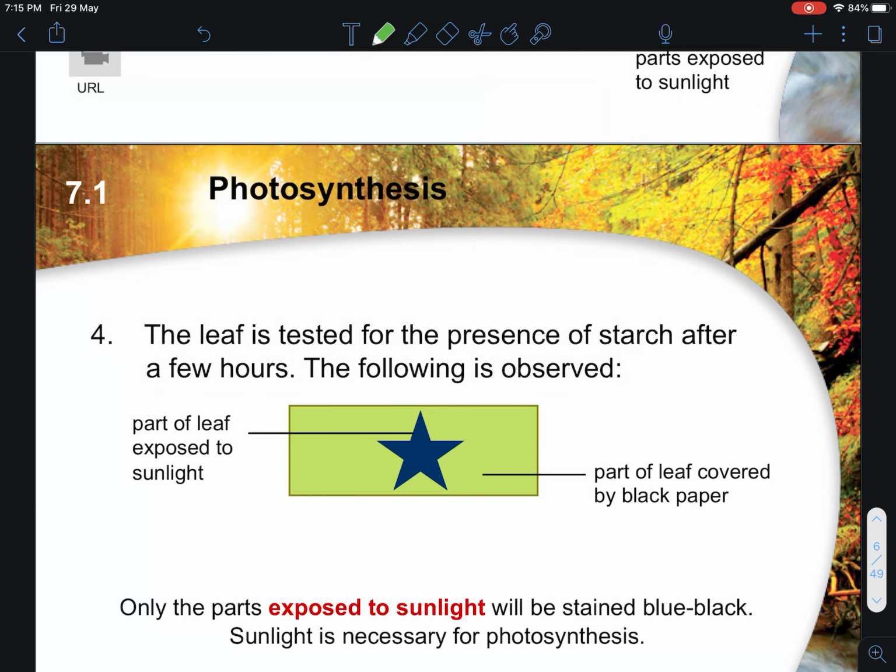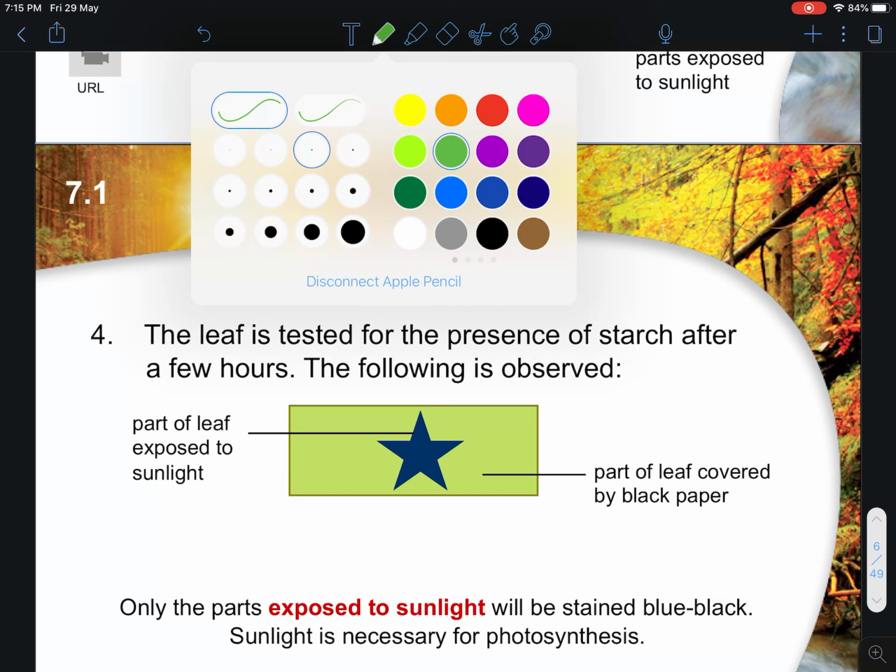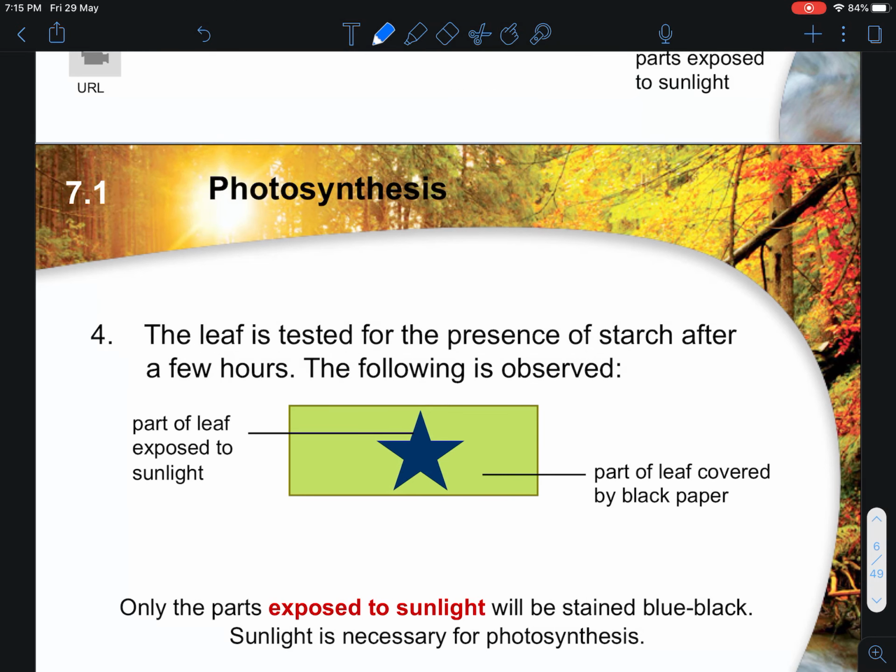And after it has been tested for starch, this area turns blue-black. It turns blue-black to indicate the presence of starch. And because it's tested positive for the presence of starch, this indicates that photosynthesis has occurred.